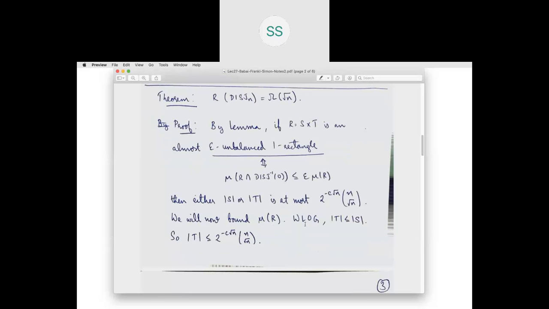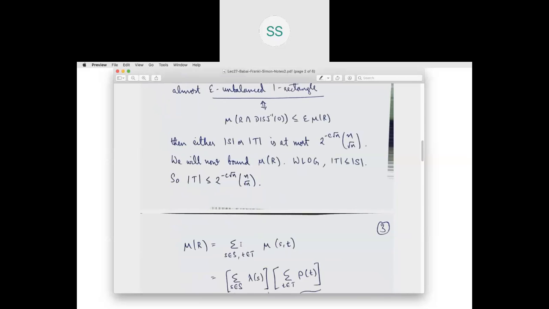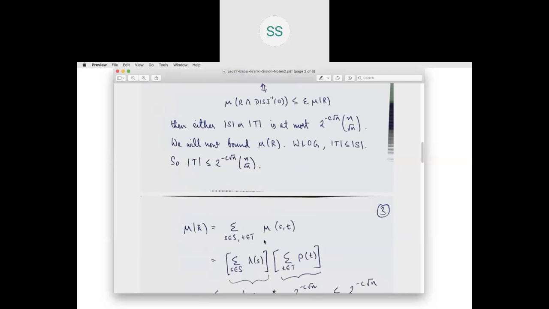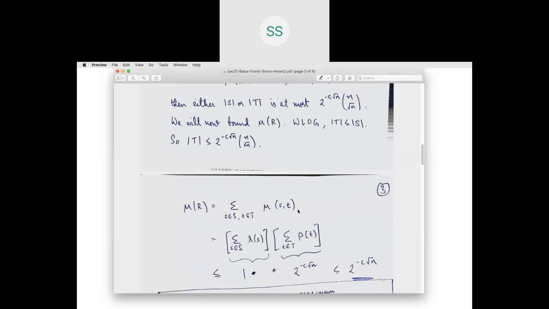Now let us see how this implies a bound on the measure of R. So either S or T is small. Let's say that T is smaller than S. Then T is going to be at most 2 power minus c square root n times n choose square root n. Now what is the measure of R? The measure of R is the summation of the measures of all the elements in R, which is S cross T. And we know that this is a product distribution.